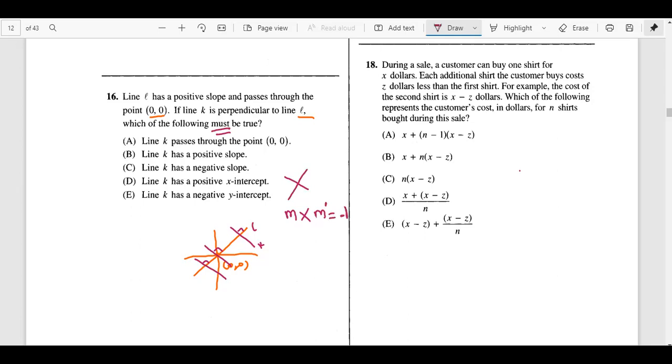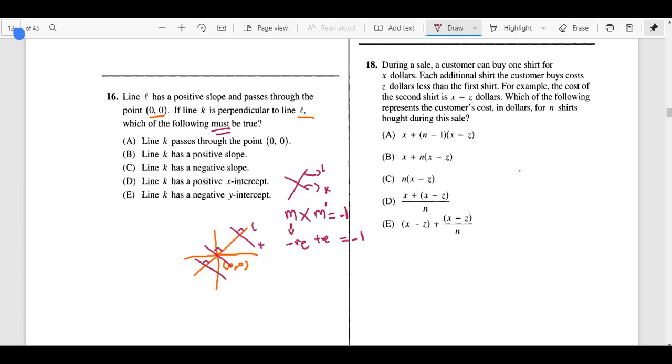In our case, this line is K and this line is L. L has a positive slope and we want their product to be negative. A negative product is only possible if this line has a negative slope. So this means that K would have a negative slope since L has positive.